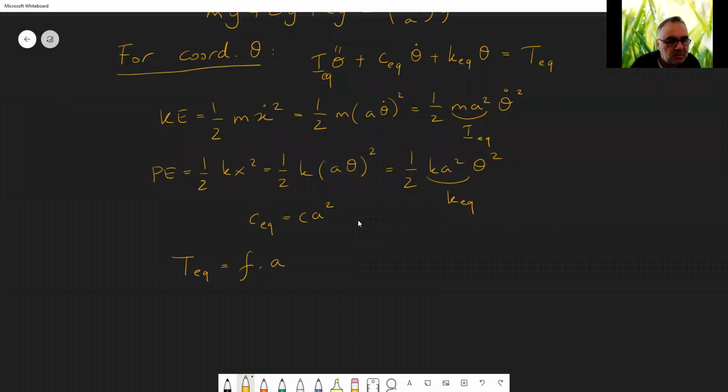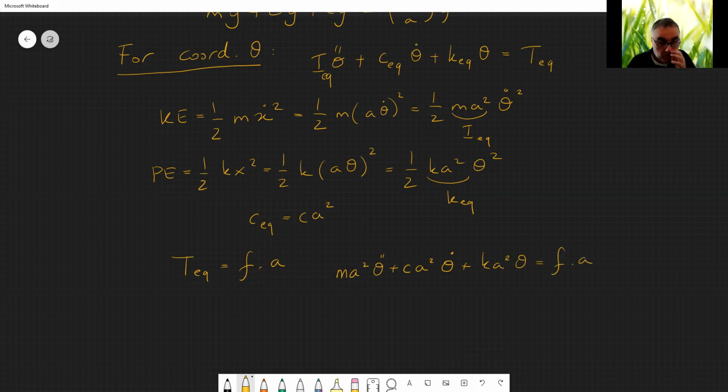That is the torque that you would be getting. And the equation of motion is going to be, what is it going to be? So you can cancel the a terms and find the result.